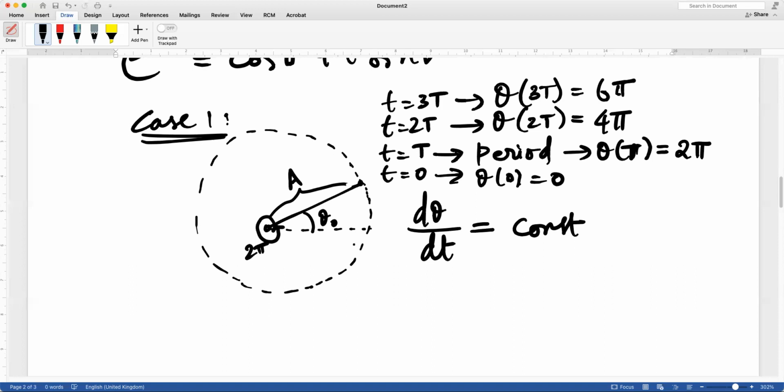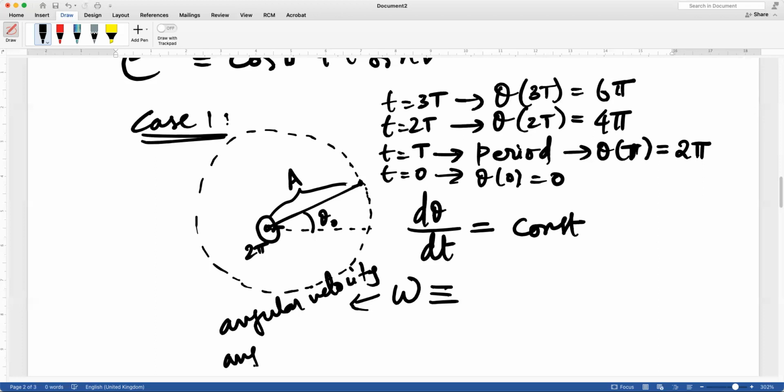We define this quantity as omega, which is our angular velocity in the circular motion, also called the angular frequency in wave mechanics.